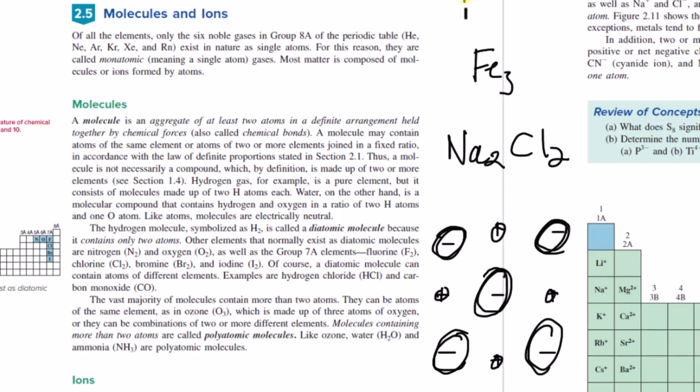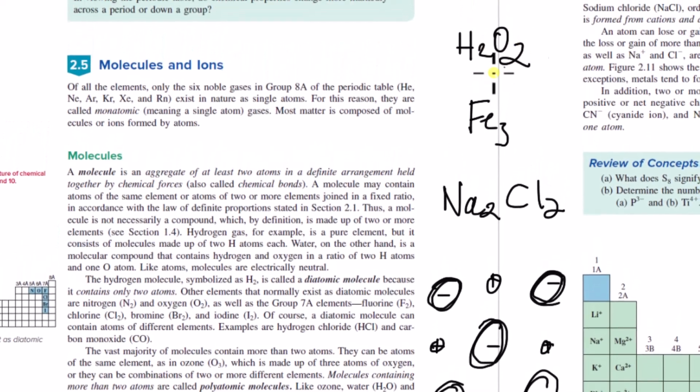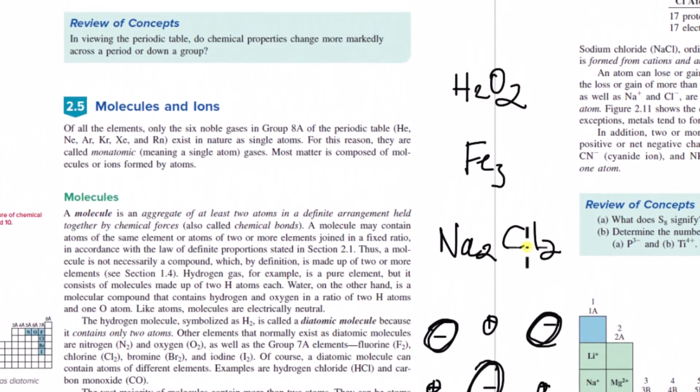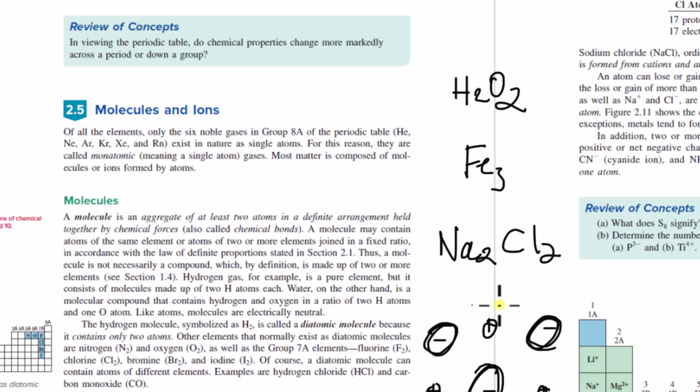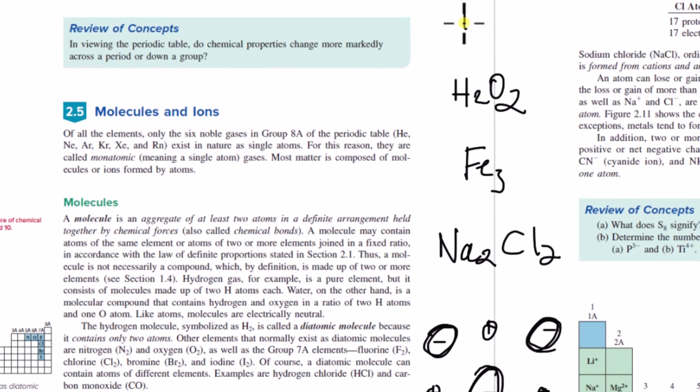You could say H2O2, and this makes perfect sense. But this does not make sense with Na2Cl2. Why not? Because with the infinite lattice, I could just as easily put Na3Cl3, Na5Cl5, Na10Cl10. With the iron, I could just as easily put Fe10, Fe50. With H2O2, I'm clearly identifying that you might say, well, why can't we just put HO then?